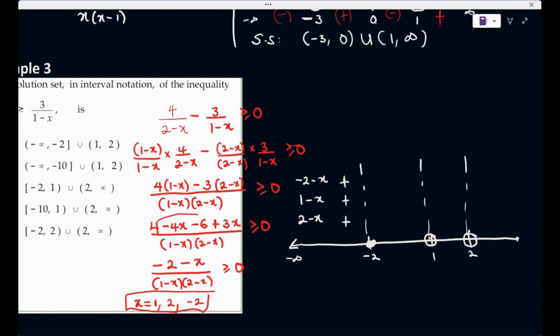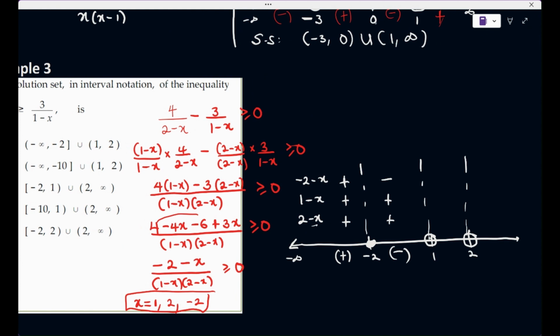So the quotient is going to be positive. Then between minus 2 and 1, we can take 0. If you substitute 0 here, you have negative. 0 here gives you positive. 0 here is still positive. So you have negative.